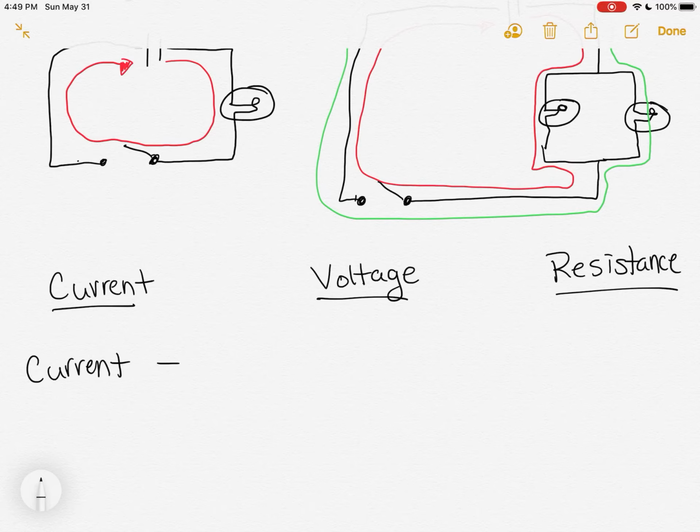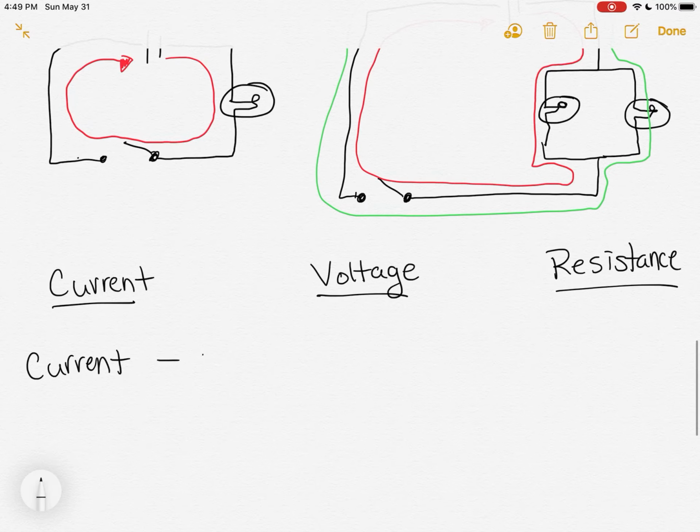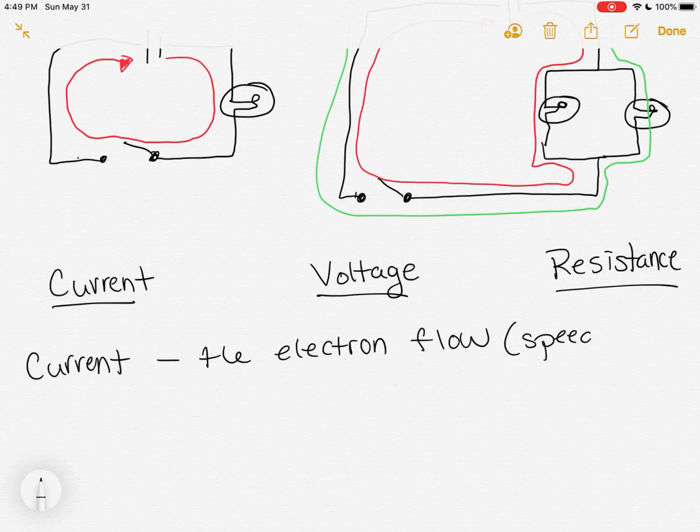All right, so electric current, the best way to think about this is it's representing the electron flow. Okay, and it's really almost the speed of how fast the electrons are flowing through the circuit.